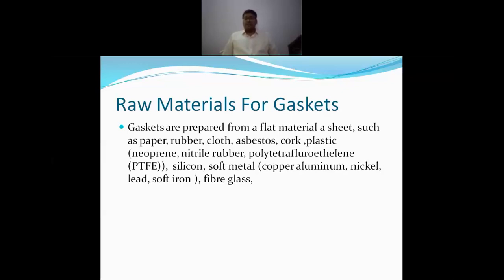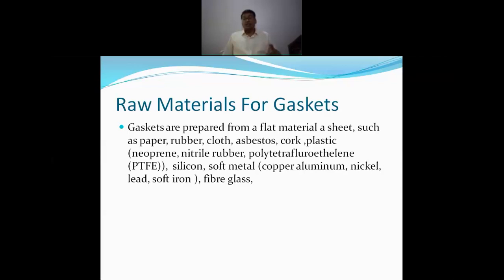Generally PTFE, that is polytetrafluoroethylene, is commonly used. Then rubbers, neoprene, and silicone are also used. Besides that, soft metals are also used, like copper, aluminum, nickel, lead, and soft iron. These are soft metals, and they can also be used as gaskets.